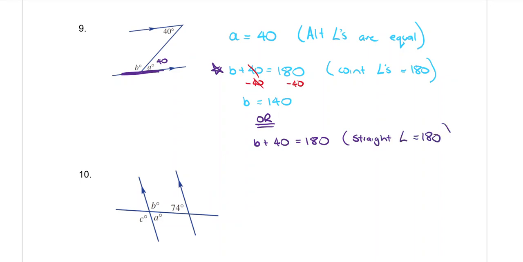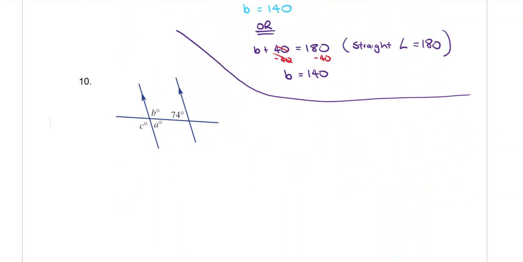So sometimes in questions there are multiple reasons that you could give to get to the same solution. And of course, if you finish that off, you're also going to get down to B is equal to 140. Because you go minus 40, minus 40, B is equal to 140.